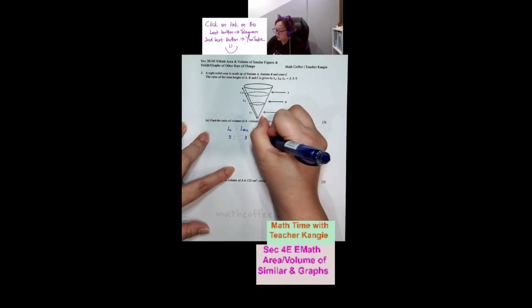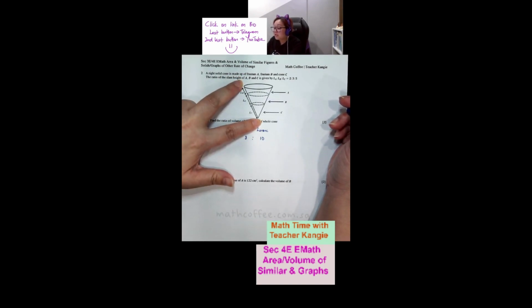So you need to add them. So LC alone is just 5. B plus C means you take 3 plus 5, so it's 8. A plus B plus C means all of them added together, so it's 10. So you see, the slant height of the smaller cone is 5 units. The slant height of the medium cone is 8 units. The slant height of the biggest cone is 10 units.